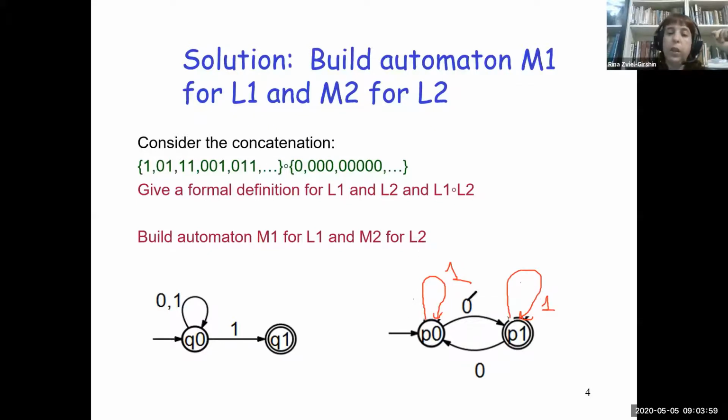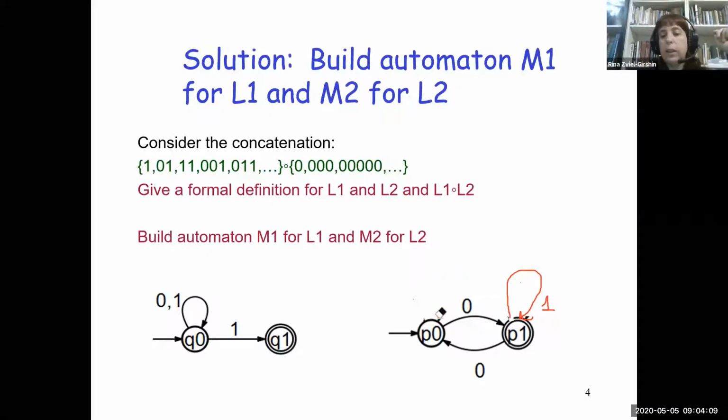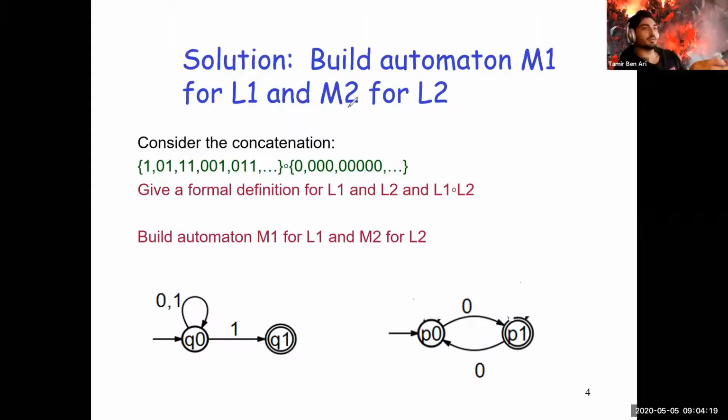Because if I have a loop with ones, then I can accept not only zeros, but also other words. So basically, I don't write anything about ones, since the definition of the language was only zero related. So this automaton without one for L2 is also non-deterministic.